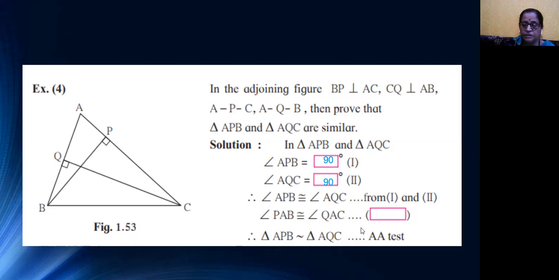Therefore, two angles of the triangles are congruent and one angle is common, so only two angles need to be considered. Therefore, triangle APB is similar to triangle AQC by the AA test.